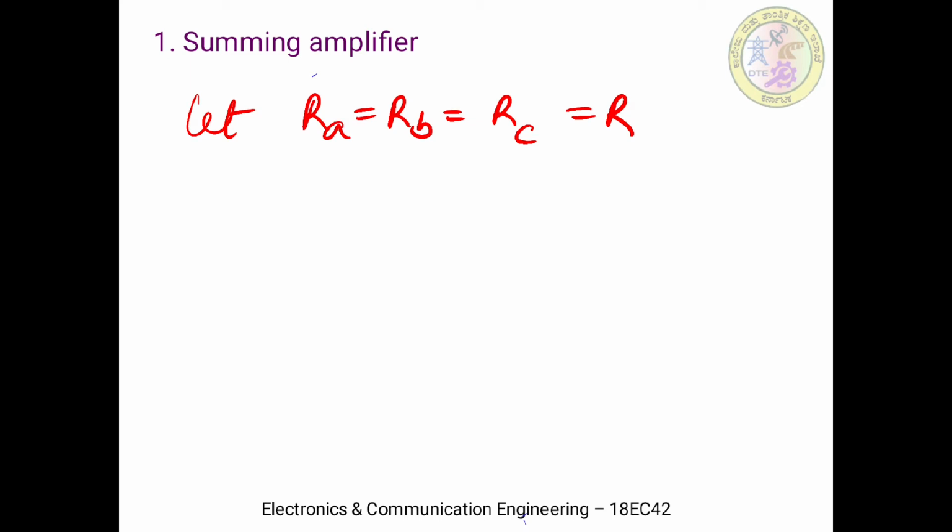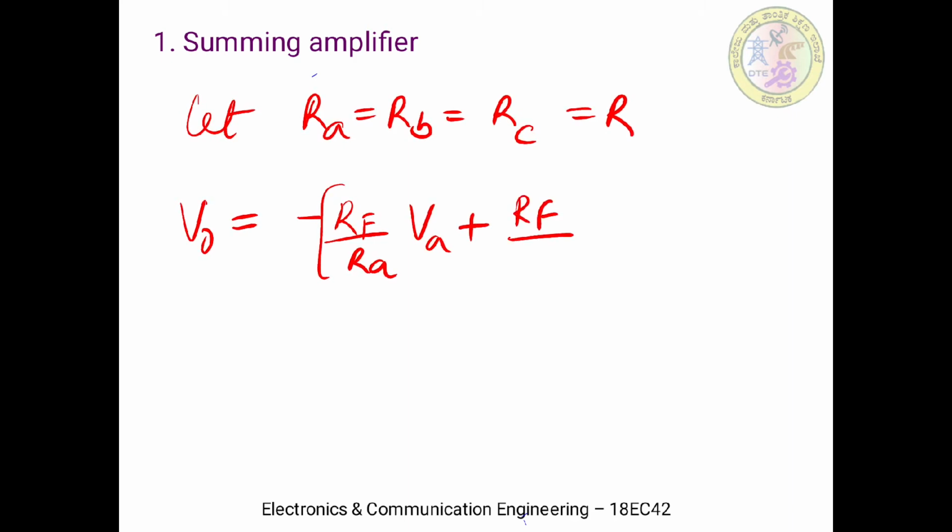Just now we have seen that V naught is equal to minus RF by RA into VA plus RF by RB into VB plus RF by RC into VC.